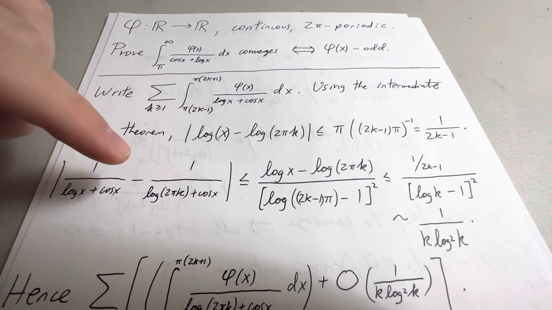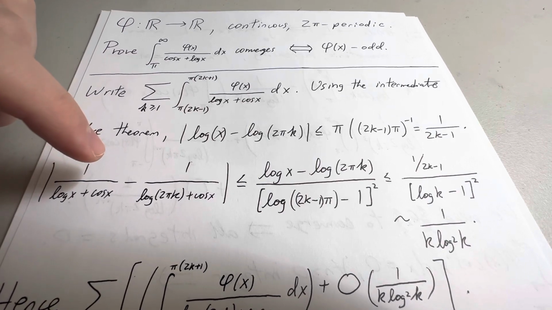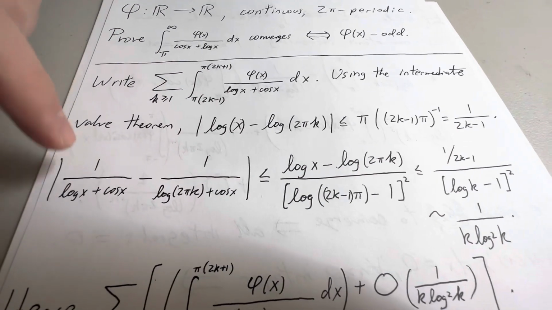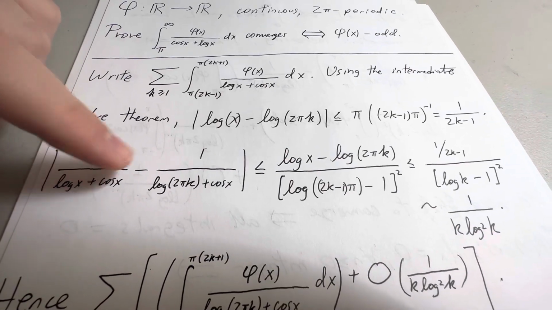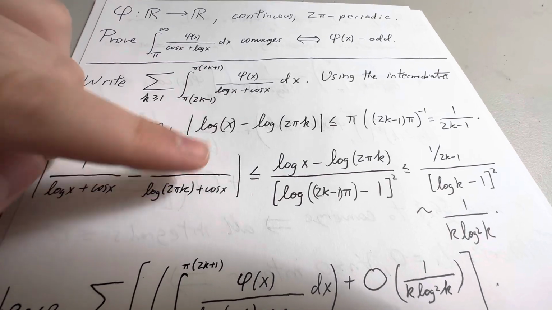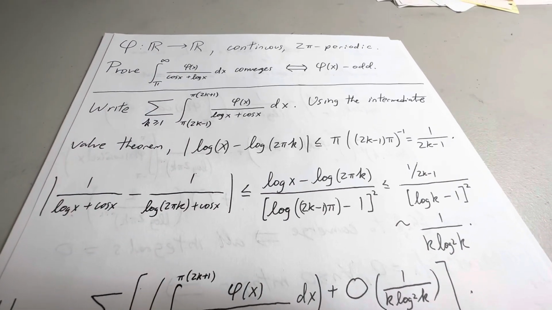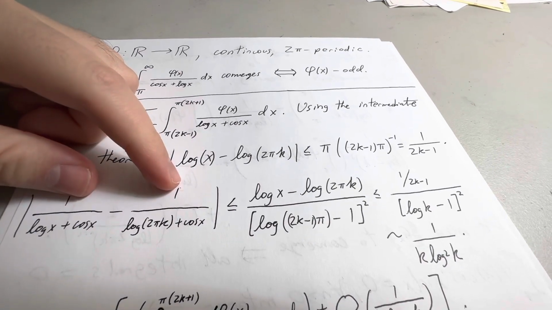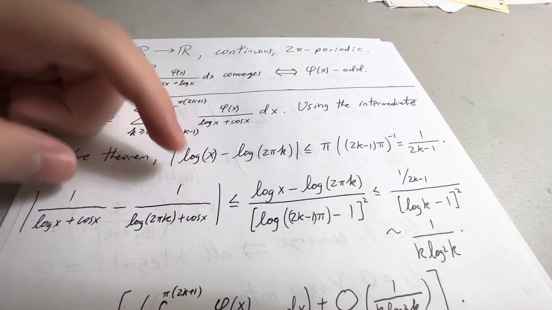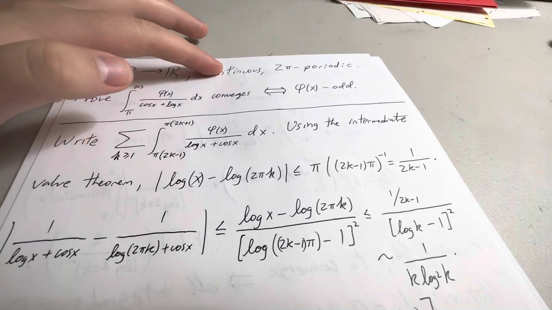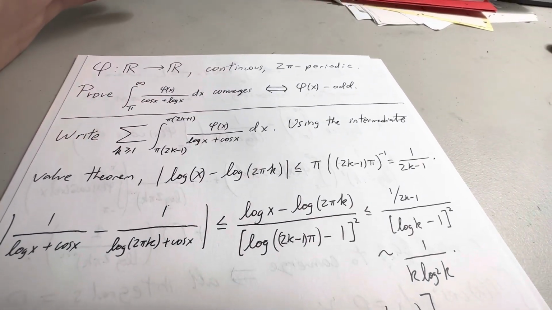And so now what we want to do is look at the difference between this function, 1 over log x plus cosine x, minus 1 over log 2pi k plus cosine x. So that's like the halfway point. And I believe the reason that we're looking at the difference here, notice that there's no phi here, is because phi is a continuous 2pi periodic function, which means that it's bounded.